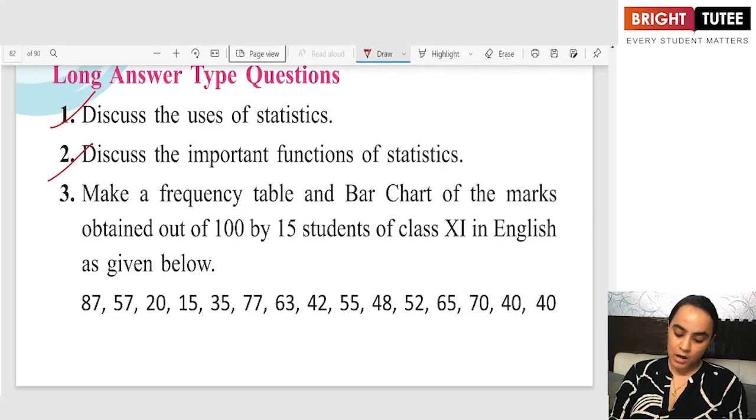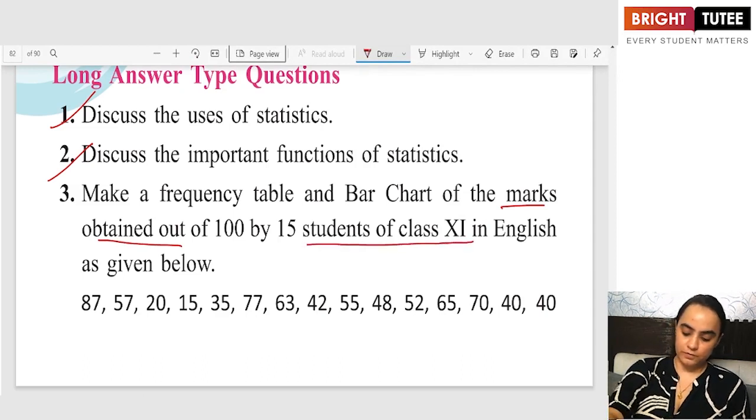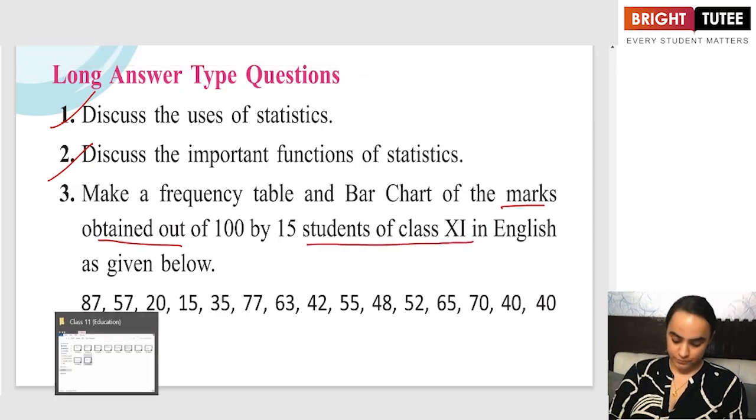For anything, be it a histogram or anything, we first need to make a table, right? I will write the title. What was my table all about? As we can see, it is the marks obtained by 15 students of class 11 in English.